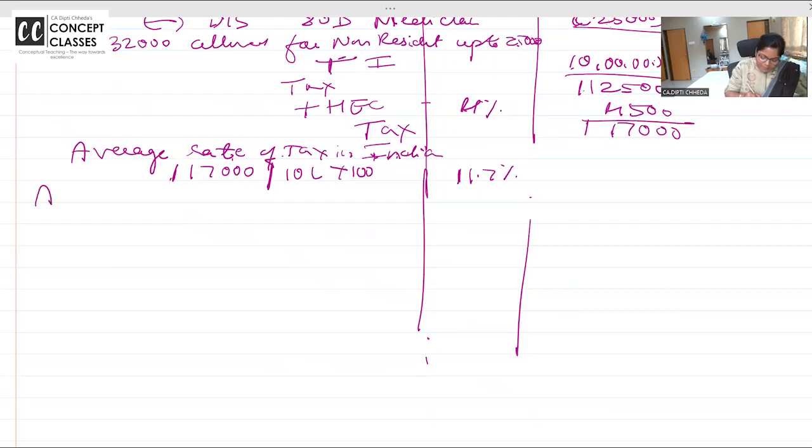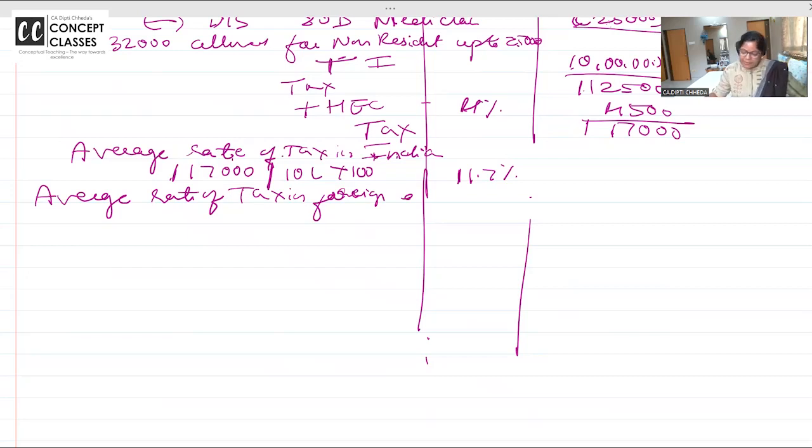And how much is the average rate of tax in foreign country? Foreign country में कितना tax pay कर रहे हैं? देखो, they have given you how much tax is paid in the foreign country. 20%. That rate is given ready to you.